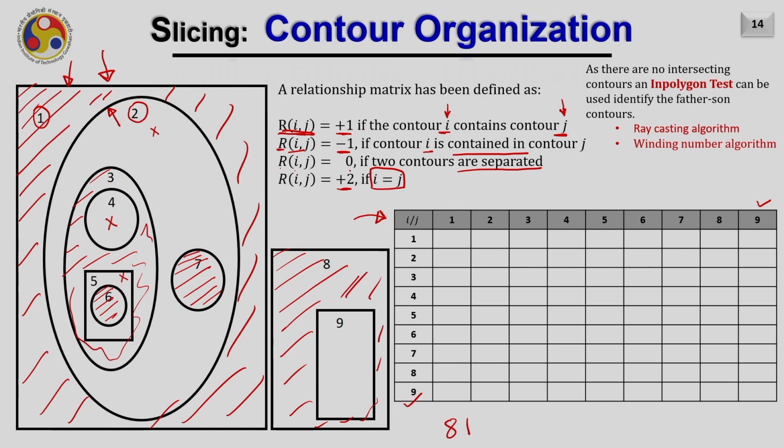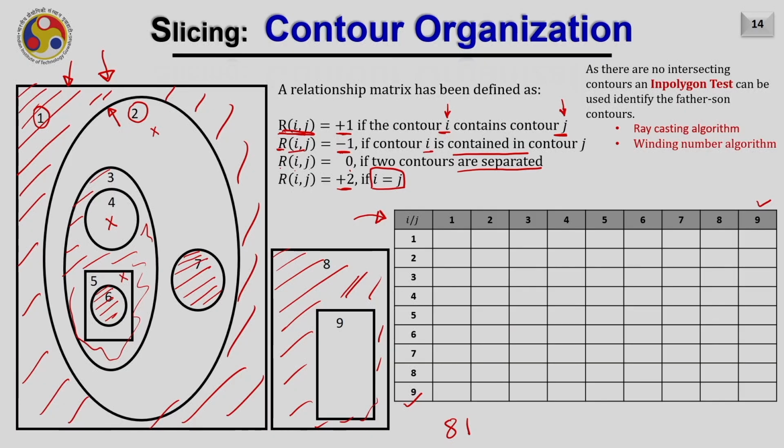It is also very easy to identify whether a contour is inside another contour or not. Why? Because when we do slicing, it is obvious that we always get non-intersecting contours. Hence, we can check any point on the contour whether it is inside or outside of a particular contour. If it is inside, then the entire contour will be inside, and if it is outside, then the entire contour will be outside.